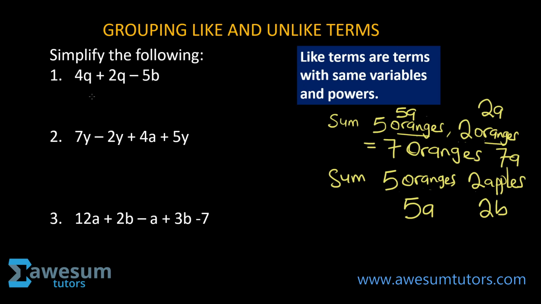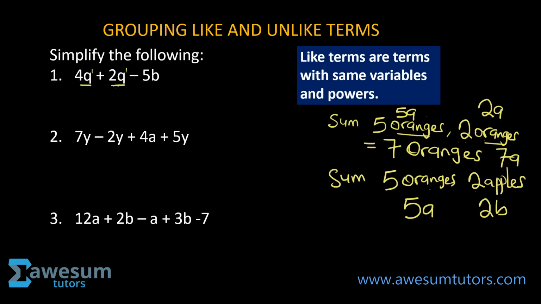Let's look at this series of questions that says to simplify the following. 4q plus 2q minus 5b. If you take a look at this, you realize that these are like terms because you have q and q, and they are to the power of 1, but we wouldn't want to bore ourselves with that right now.